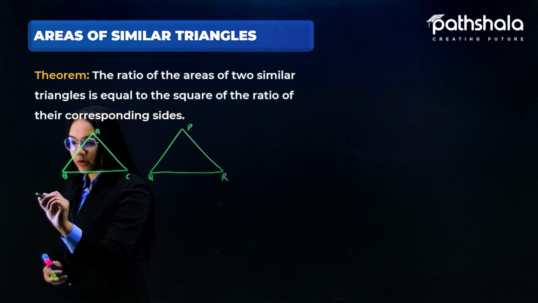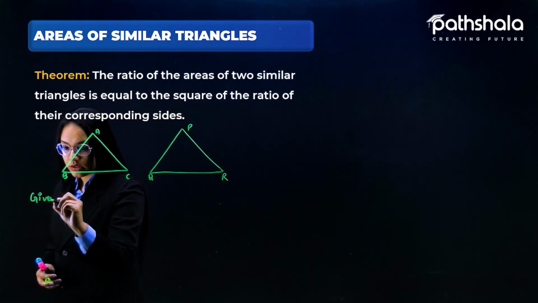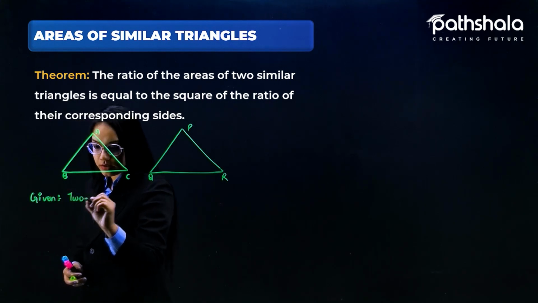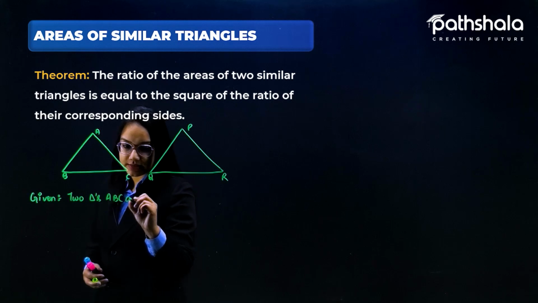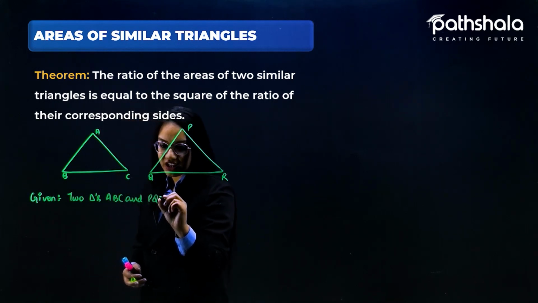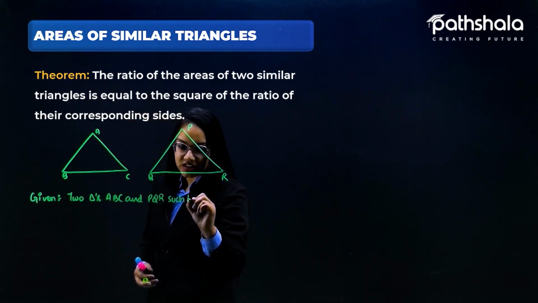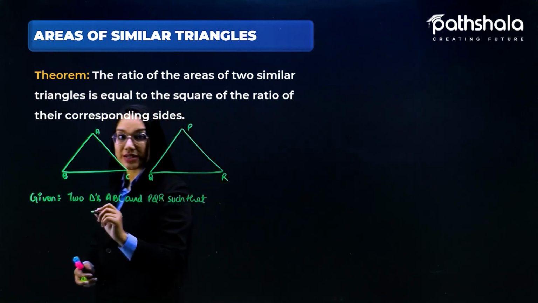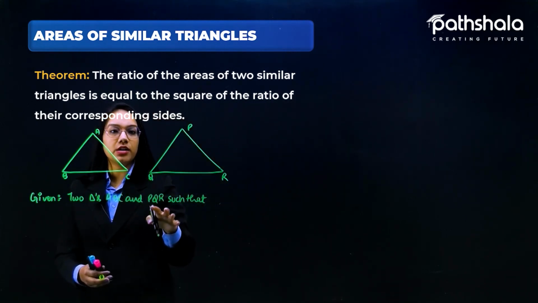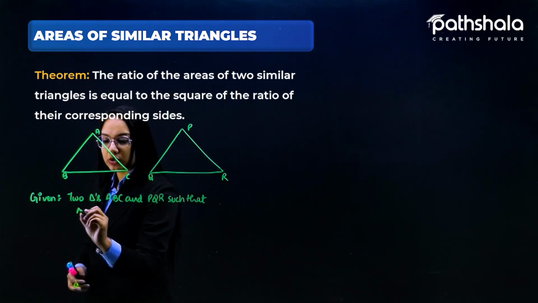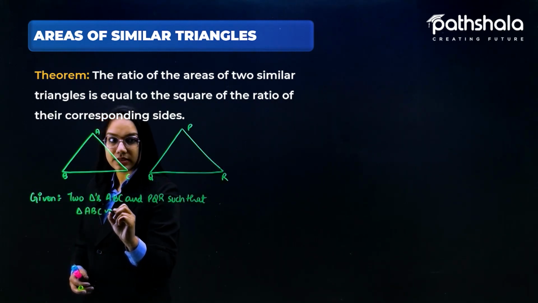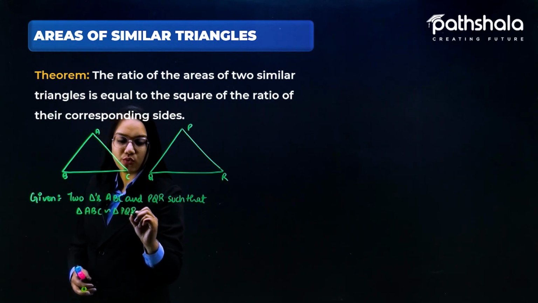Let us suppose the given is two triangles ABC and PQR, such that it is already given to us that they are similar to each other, because we are talking about two similar triangles. So triangle ABC is similar to triangle PQR.